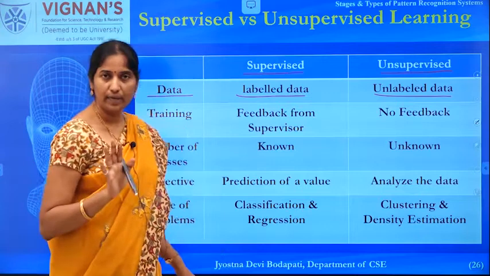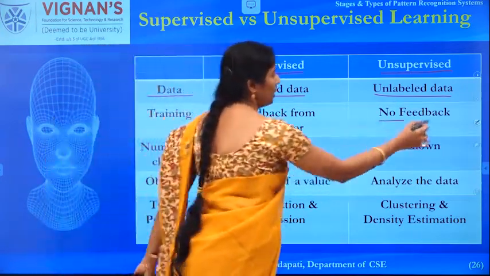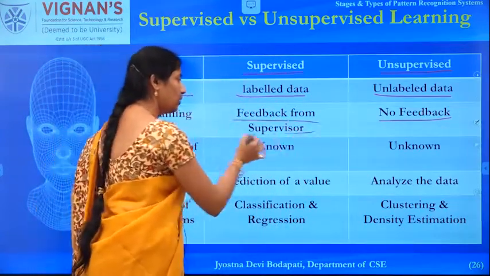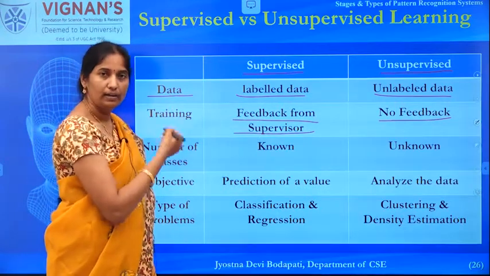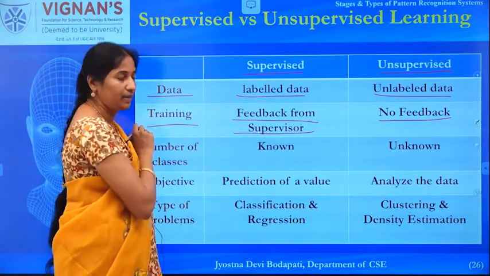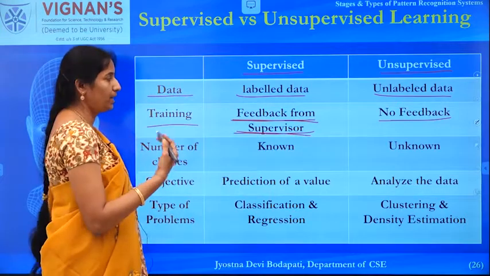Nowhere are you providing any labels, and there is no feedback mechanism. In supervised learning you are providing some kind of supervision, giving feedback to the model. That's the type of training: the supervisor provides the feedback.